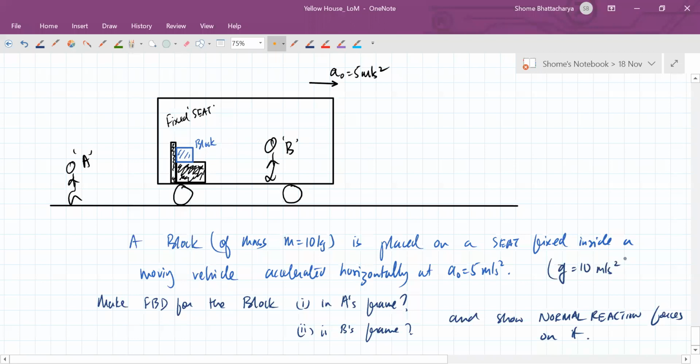Okay, just try this out next. So you'll see the block is in contact with two surfaces: the horizontal surface of the seat, which will be applying a normal reaction vertically upwards, and also the backrest of the seat, or the vertical surface of the seat. That will be pushing the block with a horizontal normal reaction.